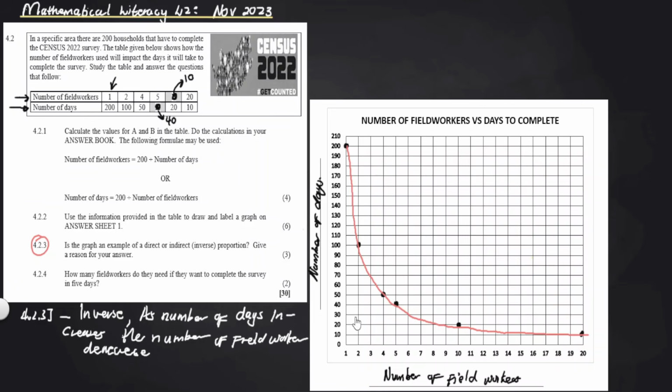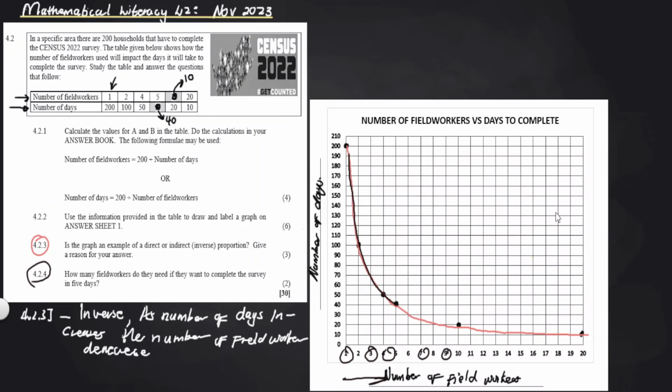But of course, you can write it in a different way, the way you see it on the graph. You can say as the number of days decreases, the number of field workers increases. As the number of field workers increases, 1, 3, 4, 7, 9, and so on, what happens to the number of days? The number of days decreases. You can write it like that as well. That's still fine.